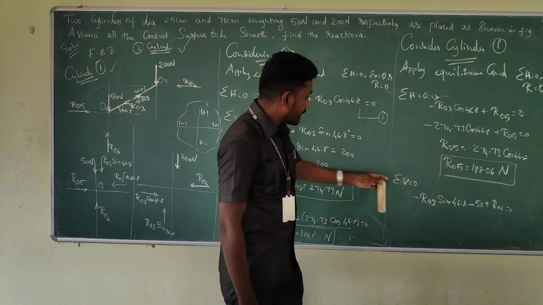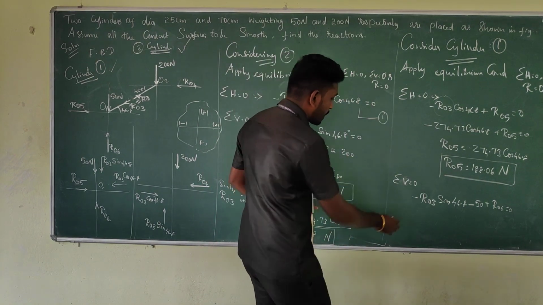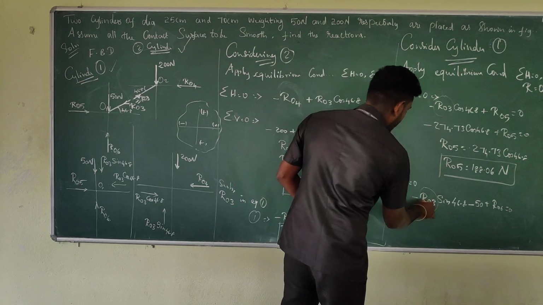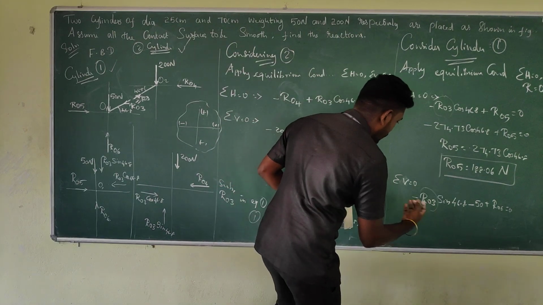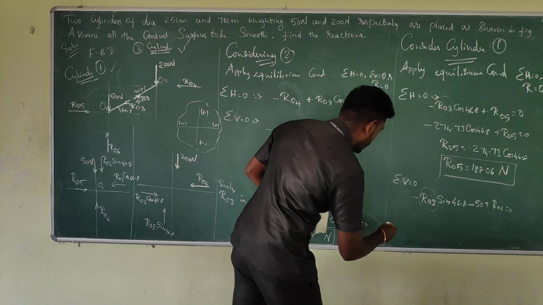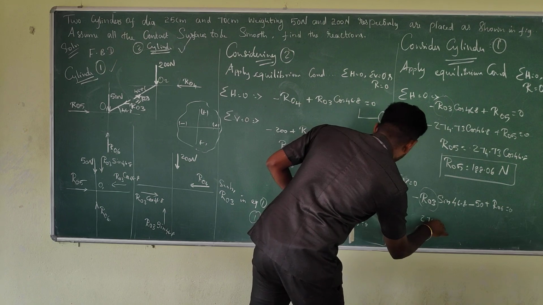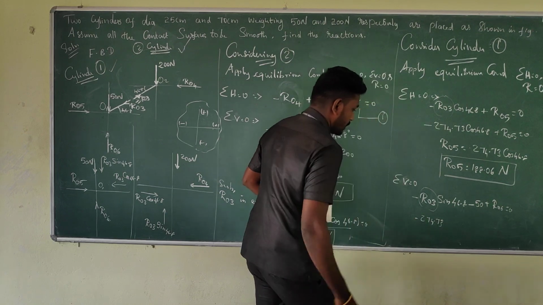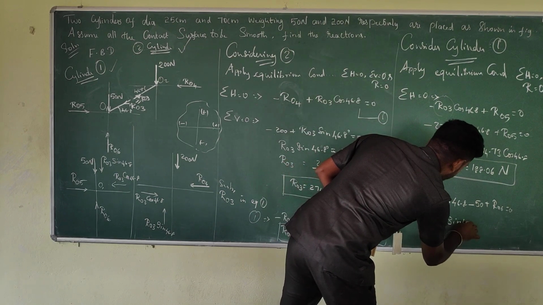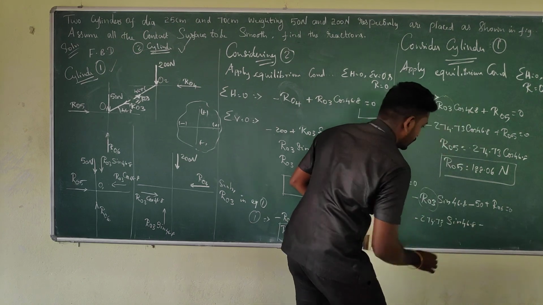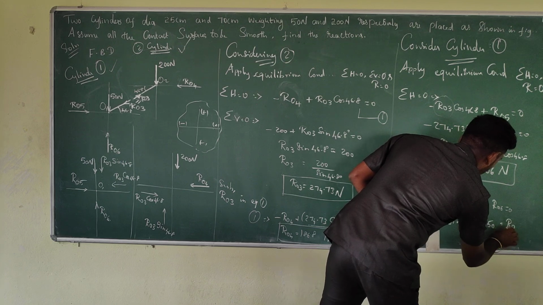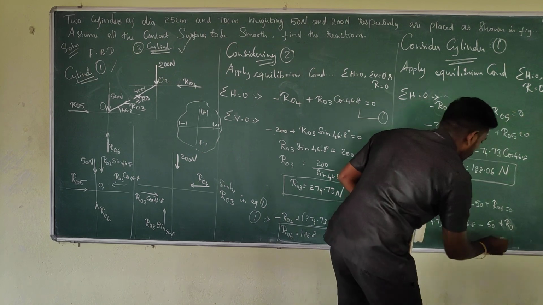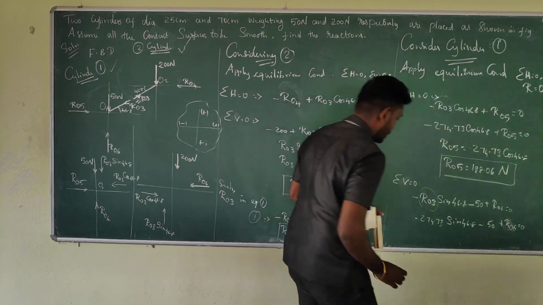So now here just try to apply the value of RO3, okay, which is 274.73. Just substitute and do the simplification so that we get the answer for RO6. Okay.